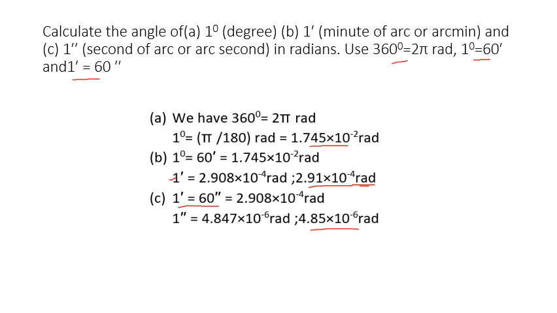Okay. So, remember always 1 degree is equal to pi divided by 180 radian.